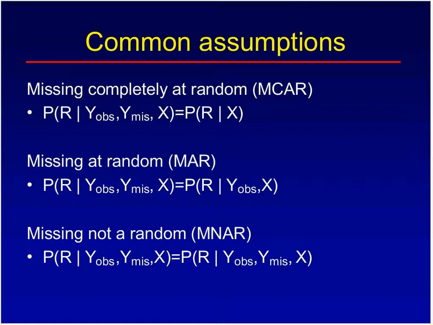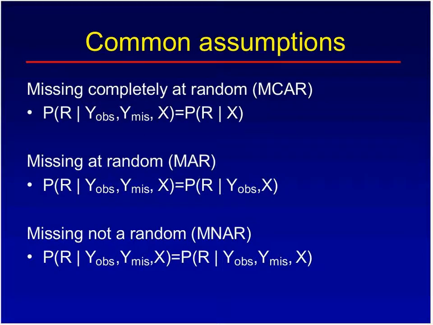And then there's the other case where missingness might depend on everything you observe. So X is really everything you observe, and then Y miss is what you don't observe. We'll say the probability of missing doesn't depend on the things you don't observe. That's missing at random.